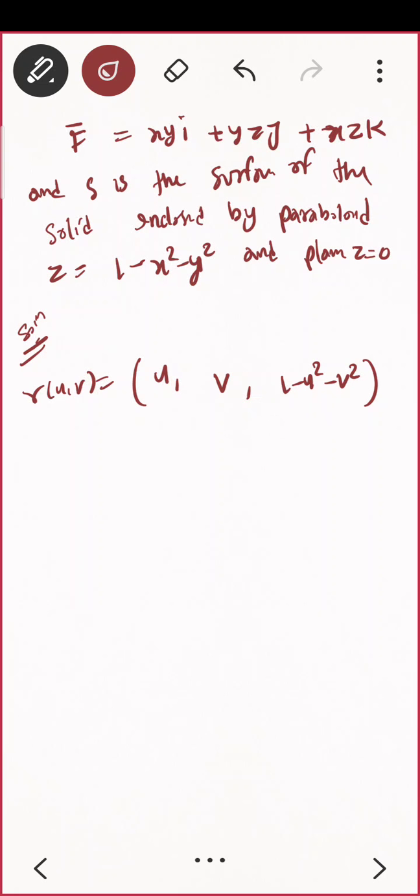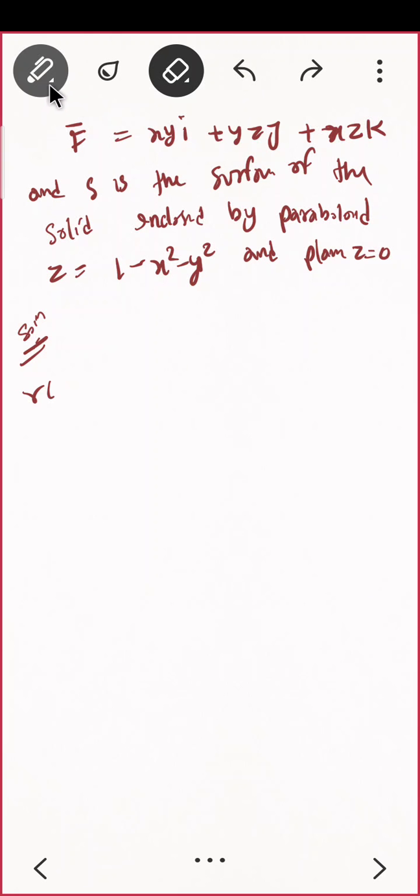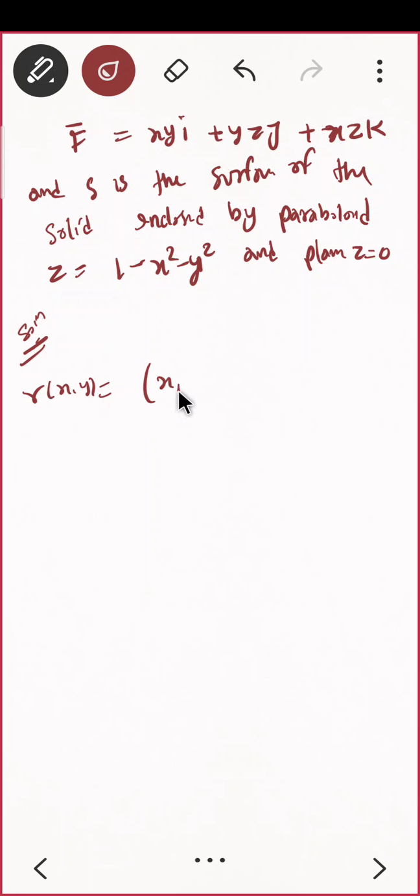This is the easiest one. And if you don't like u and v, then keeping x and y will also work. If you don't like this, you may write it in x and y, that also is no issue. Like this, r of xy will be x, y, and 1 minus x square minus y square.